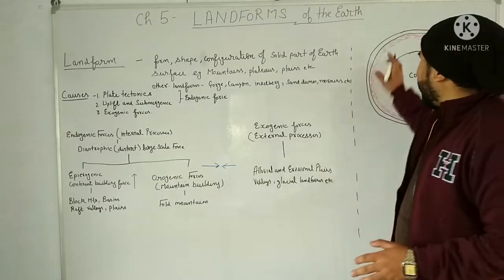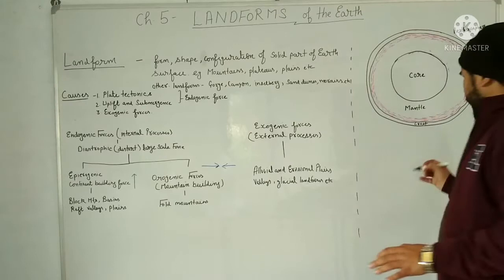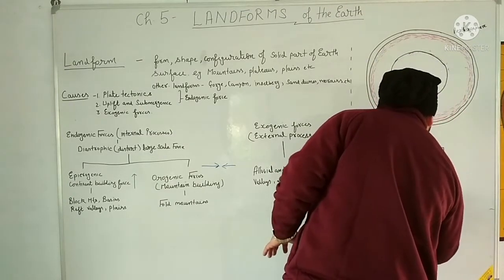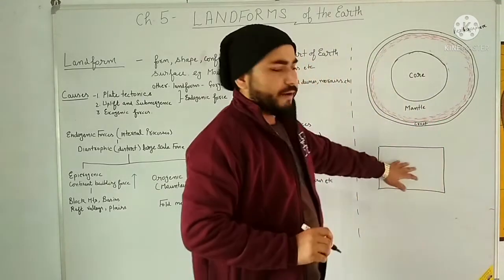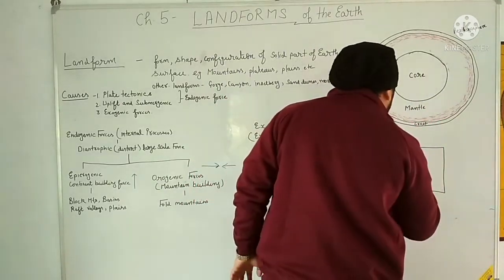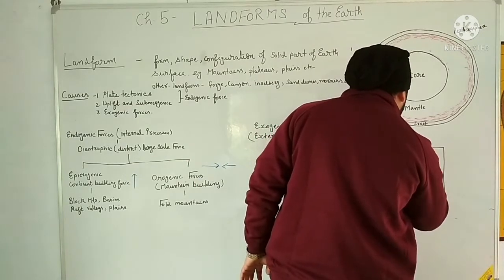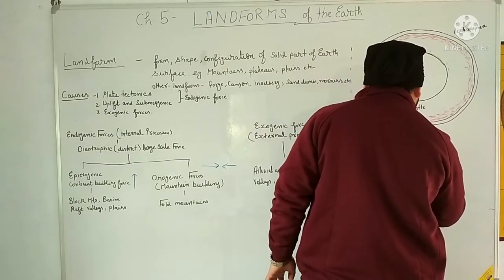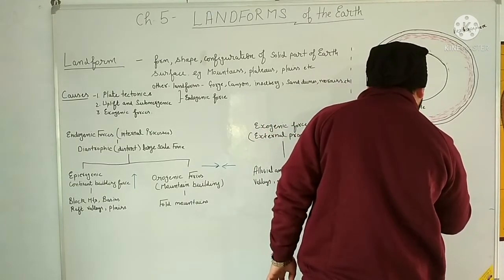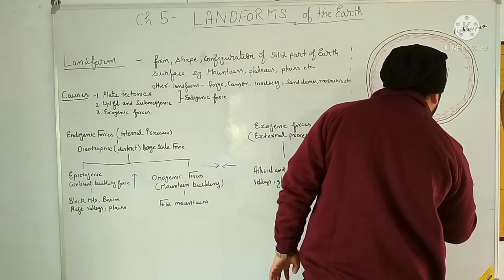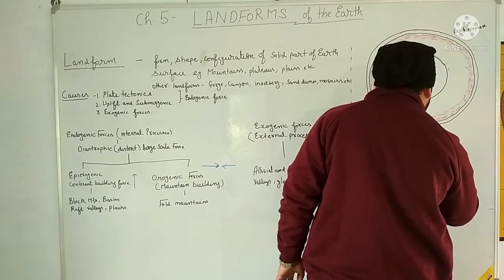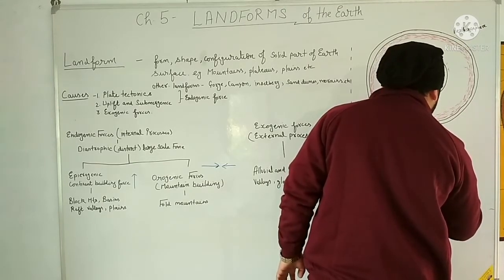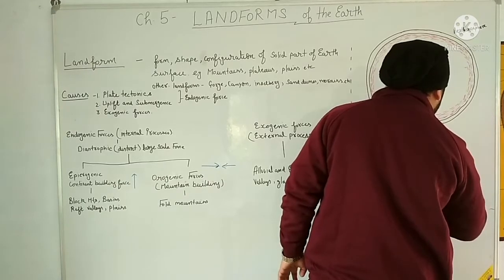Suppose on a flat page we have the entire world. It can be divided into the Pacific belt, North American belt, South American belt, Antarctic belt, Eurasian belt, African belt, and Indo-Australian belt.